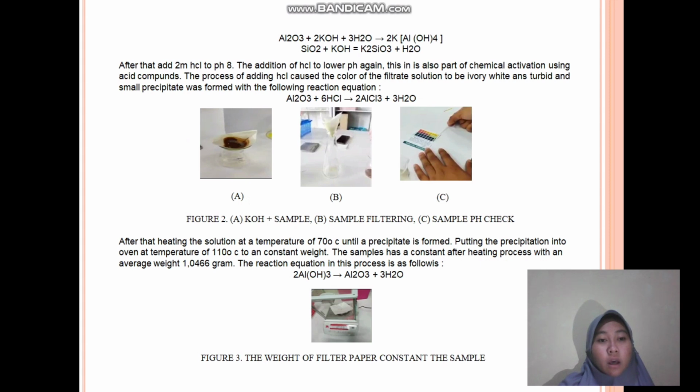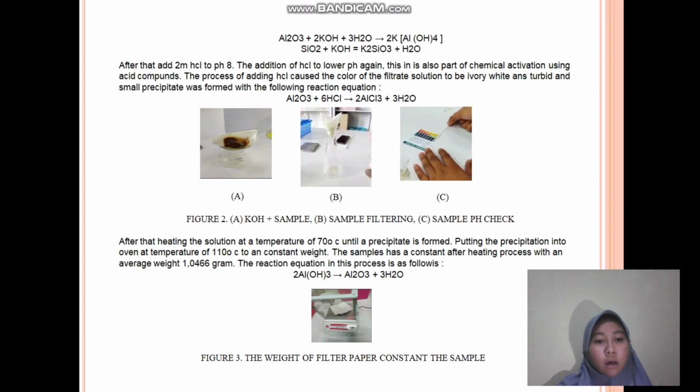After that, adding HCl to pH 8, the addition of HCl lowers the pH again. This is also part of chemical activation as an acid component. The process of adding HCl causes the color to change.